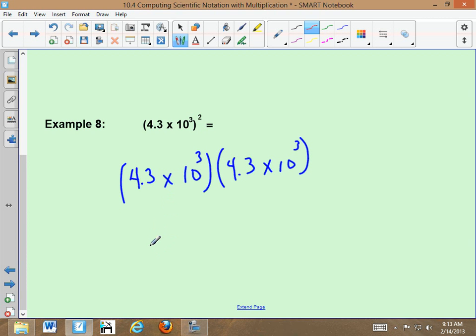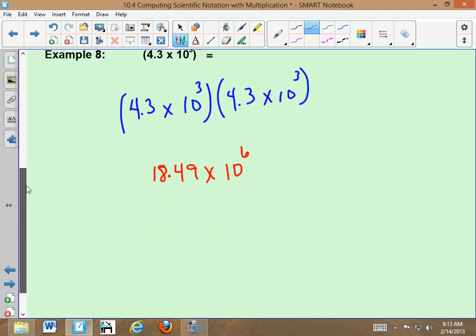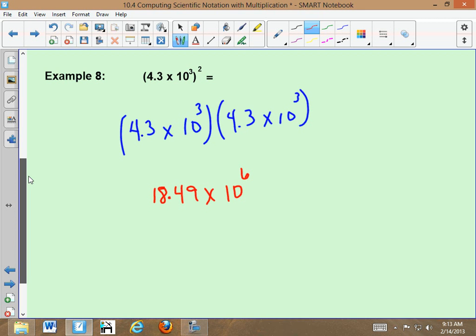Oh, hit your SD button. 18.49 times 10. What am I going to do with my two 3's? They're exponents. What do I do with them? Add them. I don't care. You can add them or multiply them. 3 plus 3 is? Is that my answer? No.